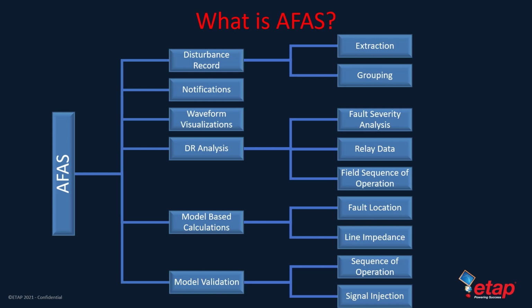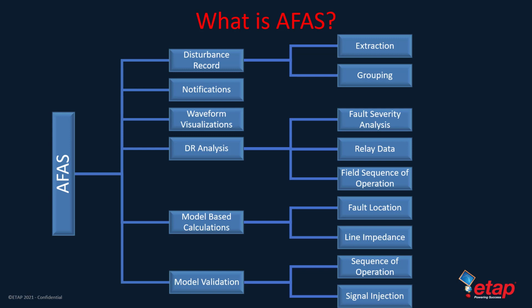Then we have model-based calculations. We take the information from our disturbance record analysis and apply it to the electrical model, that digital twin, and calculate the fault location or the line impedances. And then we have model validation, where we take what happened and after the fact we can validate the model, where we can look at the sequence of operations.